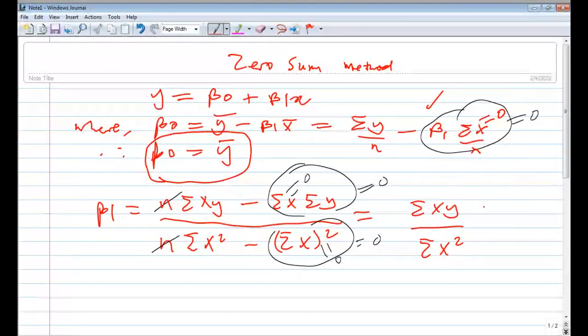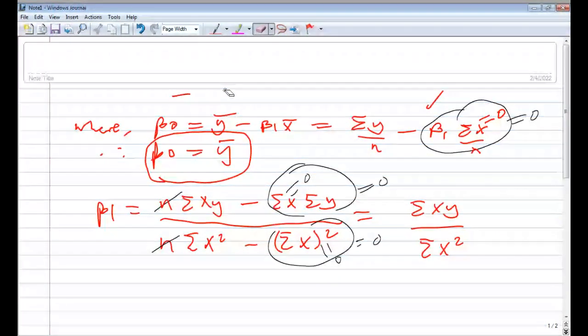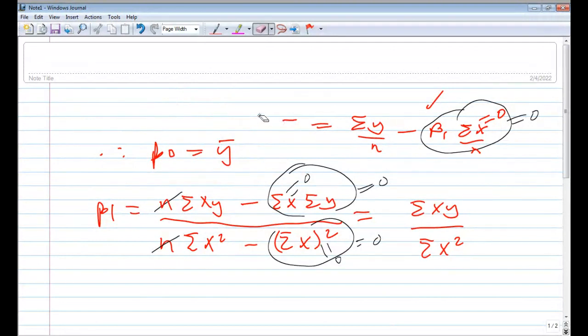Agree? Can I erase everything? Yes. Okay, thank you very much. Let me just erase this, so that we can start with chapter number 2.